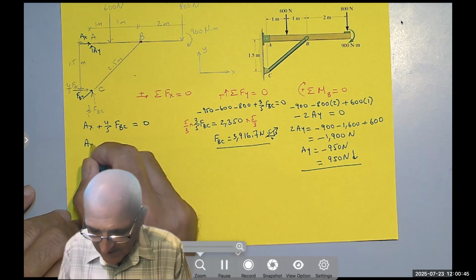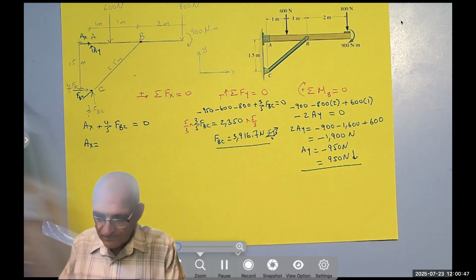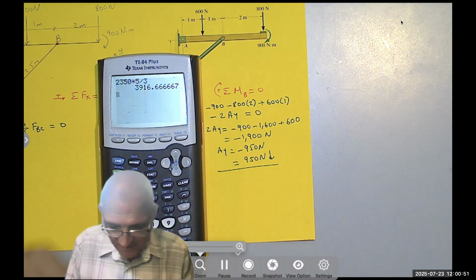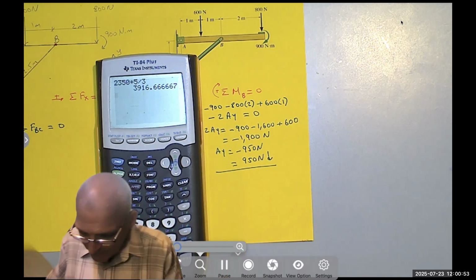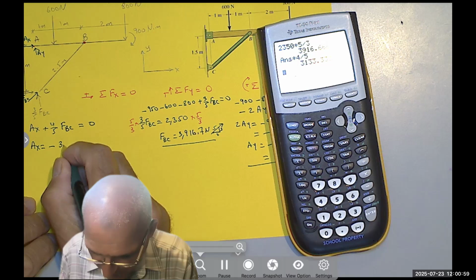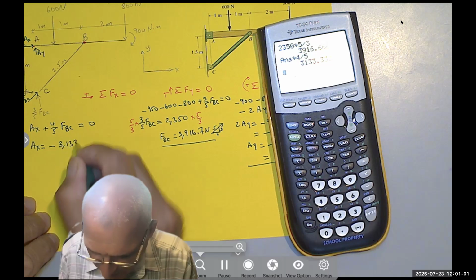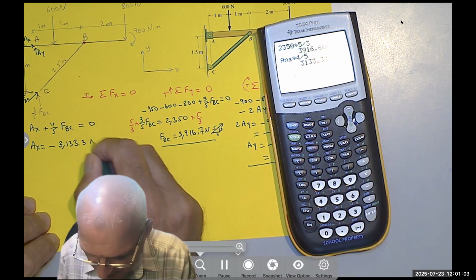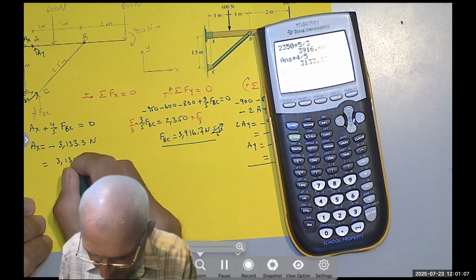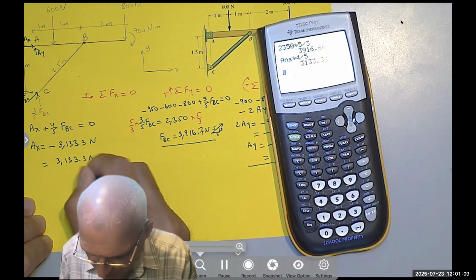So AX would be this number, but in the negative, times 4/5 equals 3133.3, or 3133 is good enough, meaning 3133 Newton to the left.